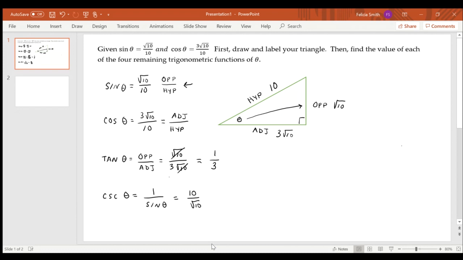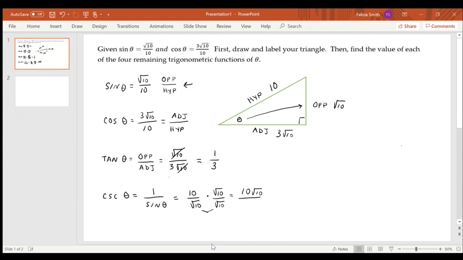Now, technically, this would be an okay answer. However, we want to make sure we rationalize our denominator, which means we do not want any square roots in the bottom part of our fraction. So in order to get rid of it, we're going to go ahead and multiply top and bottom by radical 10 over radical 10. That's going to give us 10 radical 10 on top.